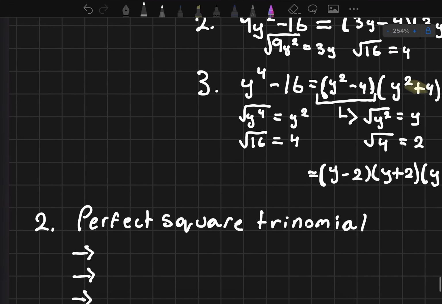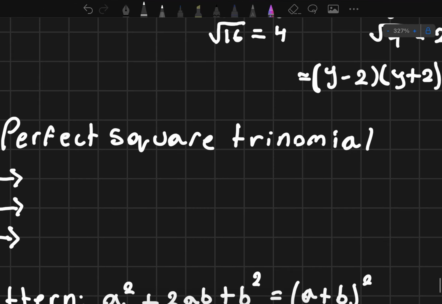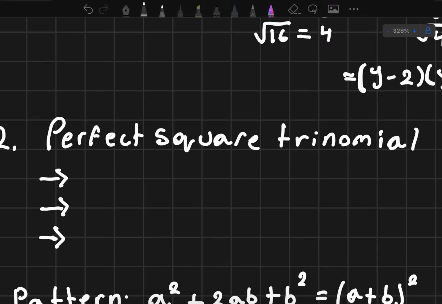Now moving on, we have perfect square trinomials. For perfect square trinomials, you need exactly three terms.